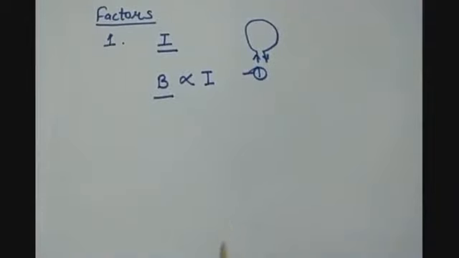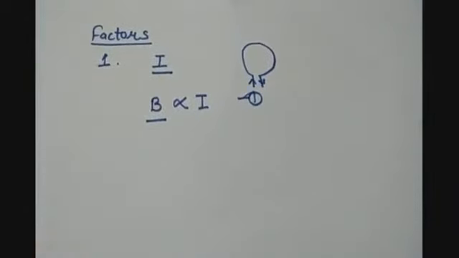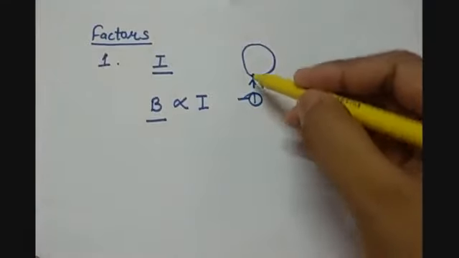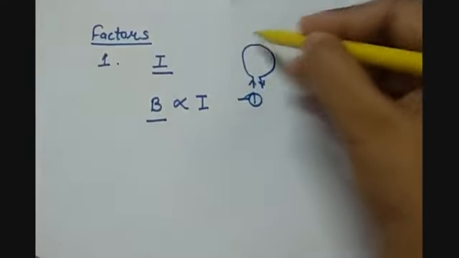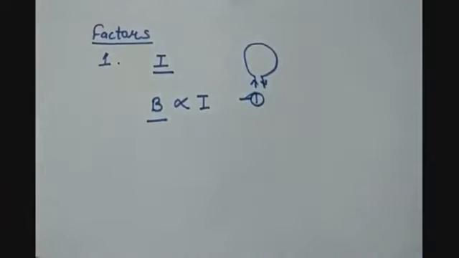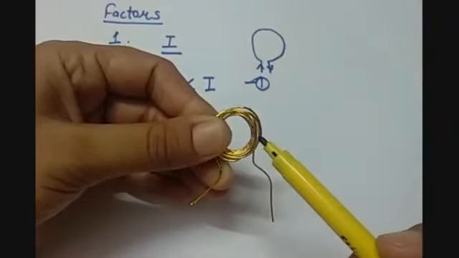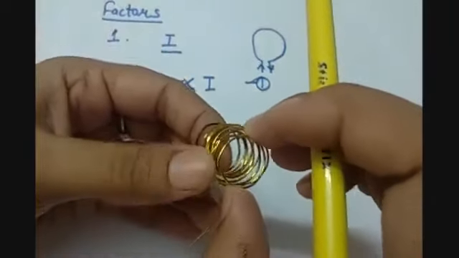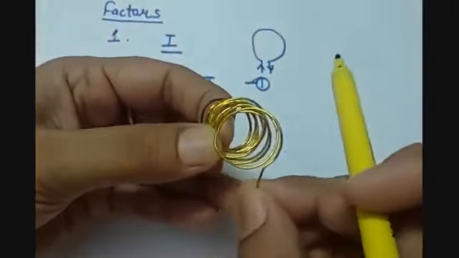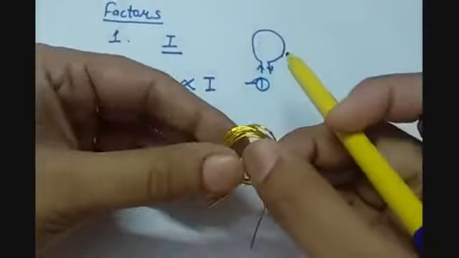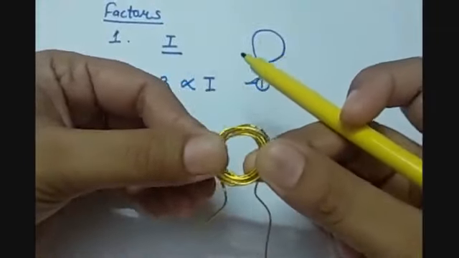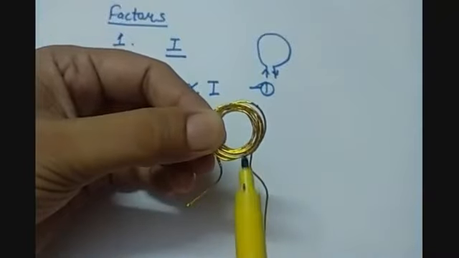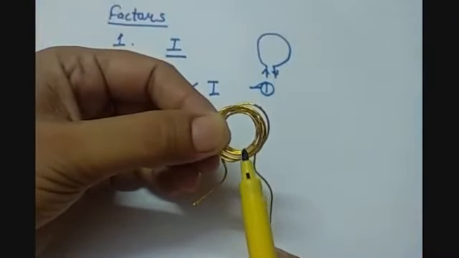Then what will happen to the magnetic field strength of the circular loop when I increase the number of turns? This is how it will look when, instead of a single circular loop of the conducting wire, I have a number of circular loops in which the current is flowing. So what will happen to the magnetic field strength?